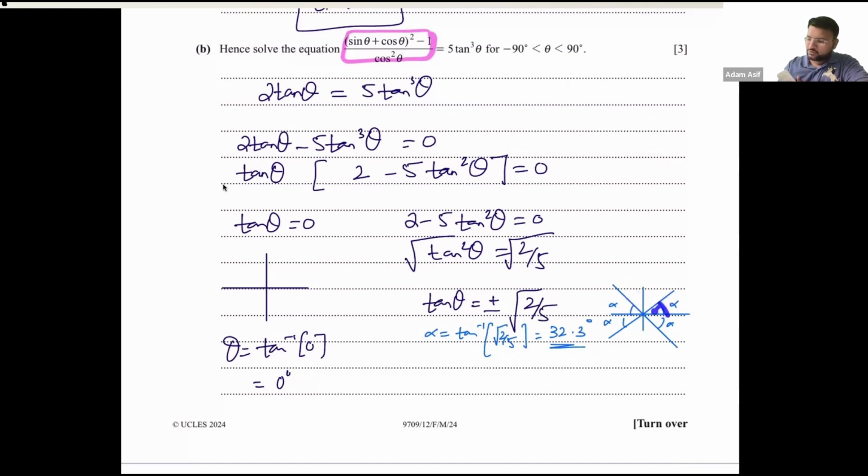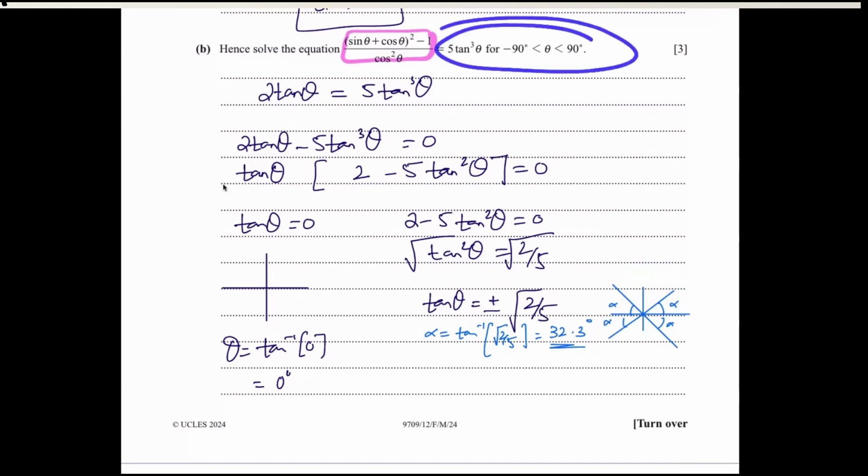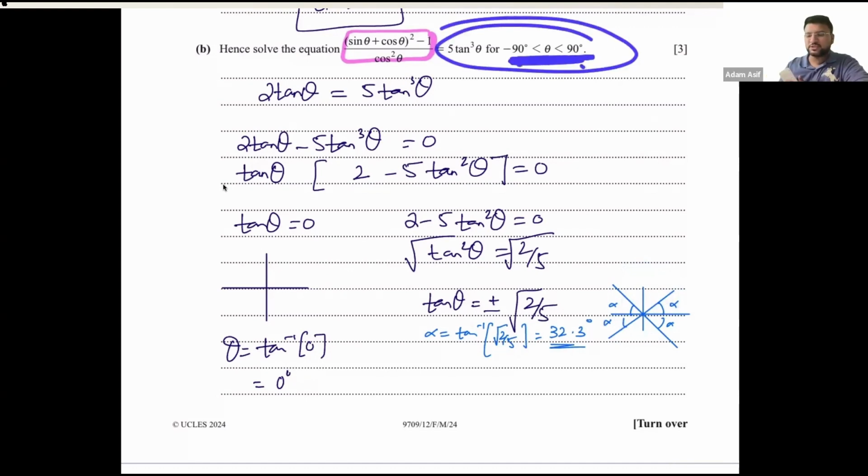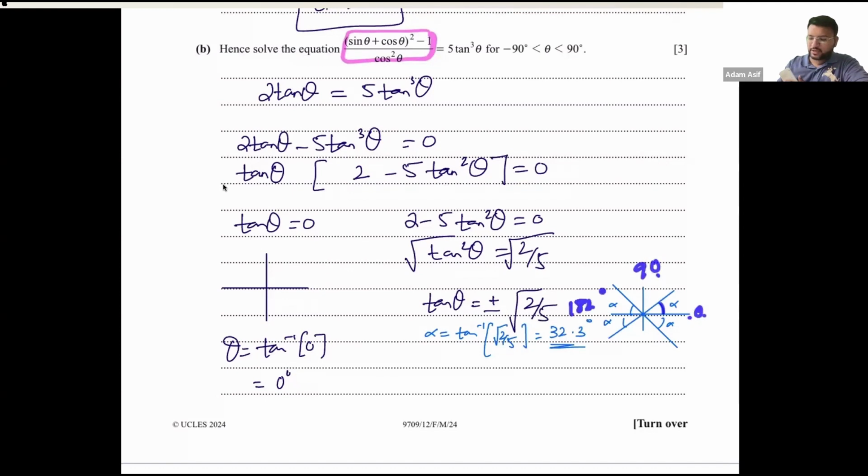Look, one value of theta will be this, one will be this, the third one would be 180 plus, the fourth one would be 360 minus. But you're only going to take 32.3 and negative 32.3, yes, because the domain is restricted from minus 90 to 90. So if this is 0, Abdullah, this is going to be 90. This is 180, which I don't want to go into. And this is for the negative angle, this is minus 90. So I'll just be needing these two angles. What is the value of this angle? 32.3. And what will be the value of this angle? Minus 32.3, a negative angle. So theta values from here would be plus minus 32.3.